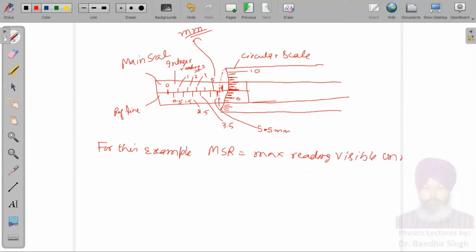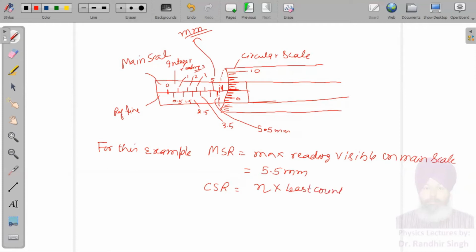That is actually 5.5 mm. And the circular scale reading is equal to the number of the division that is coinciding, into least count.